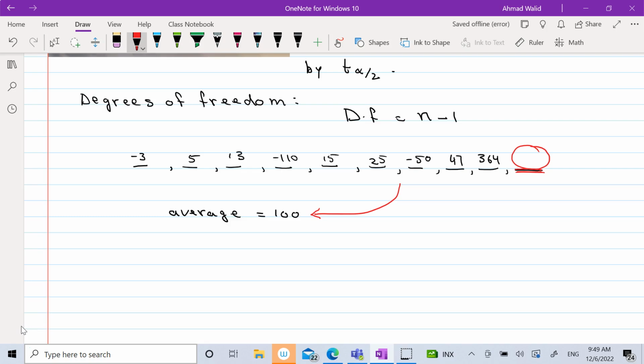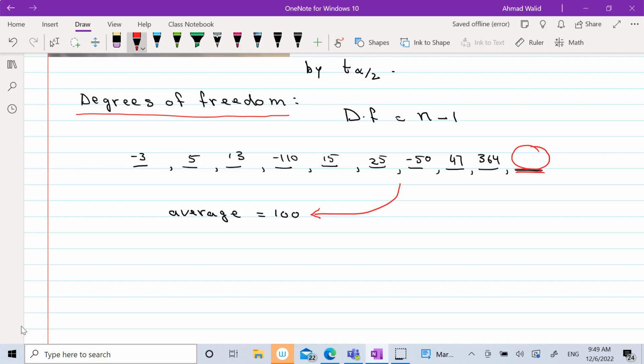Hopefully, this explanation gives you an idea of what degrees of freedom is. It means you always have a number that can change everything. In your book, maybe they call it something else. Actually, they didn't explain degrees of freedom very well there.